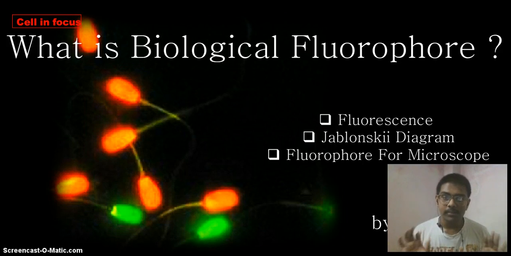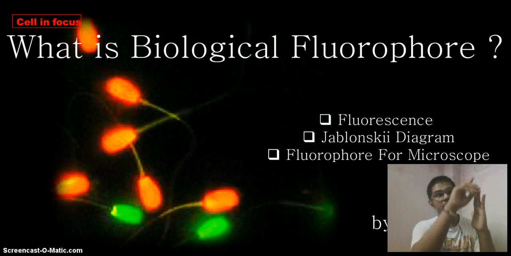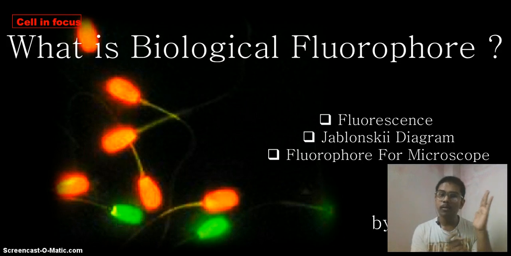So the statement is: the wavelength of emission light is always greater than that of the excitation light. Why is this? Look, whenever you are exciting, you have given some energy, and that is called the excitation energy. Now in the time of returning back, you have come back to the first floor first.